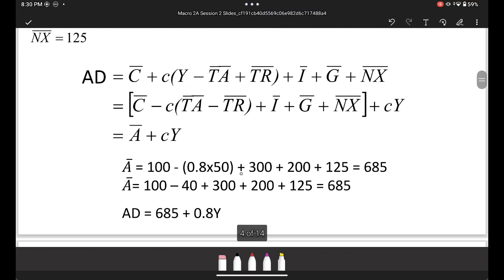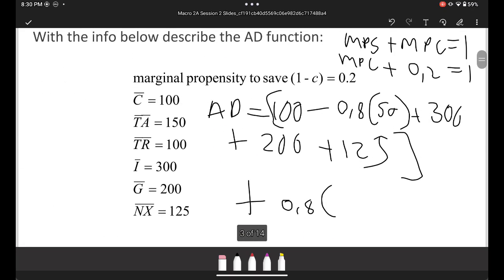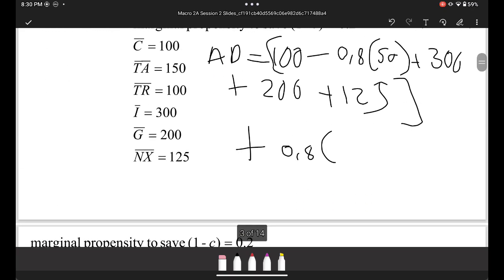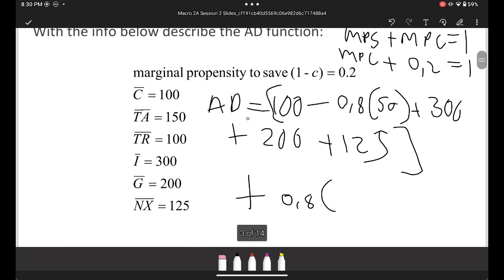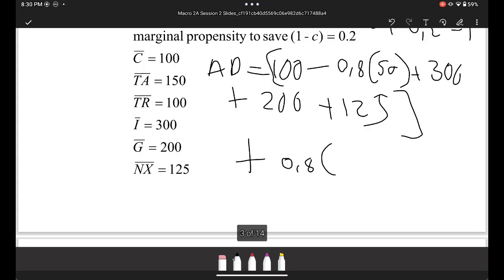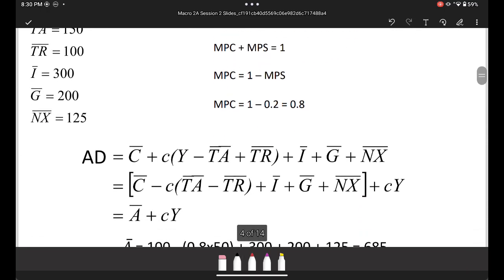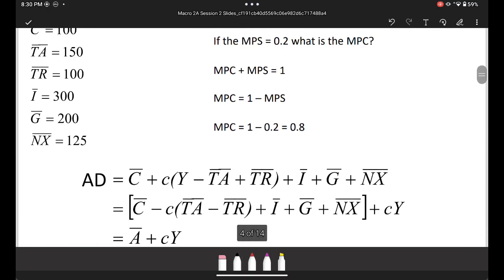Okay, we did all this, right? 200 plus 125. I see what they did over here. We actually don't solve for Y because Y is not a hat. It's called induced expenditure. All this was autonomous, so it can all be converted to a number. If you put this now in the calculator, you should come to 685. This already worked it out: 685.